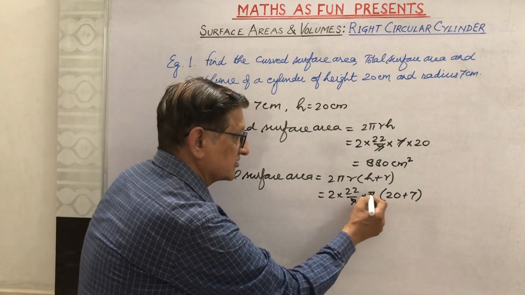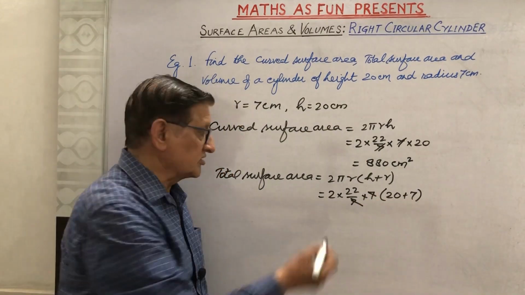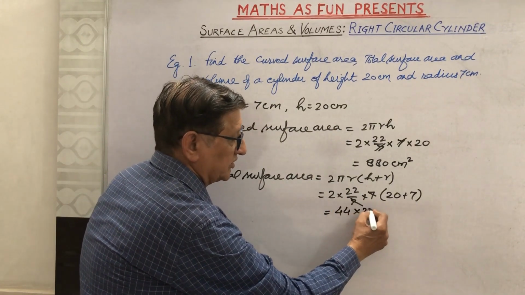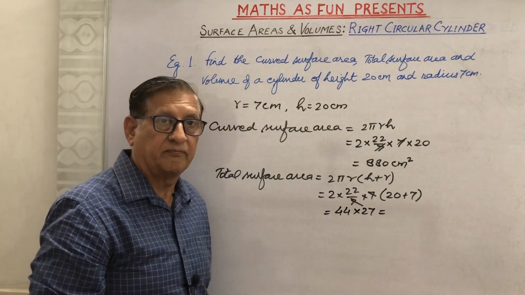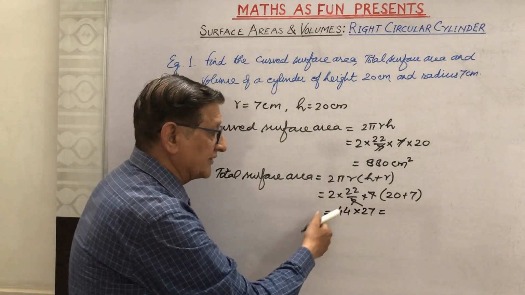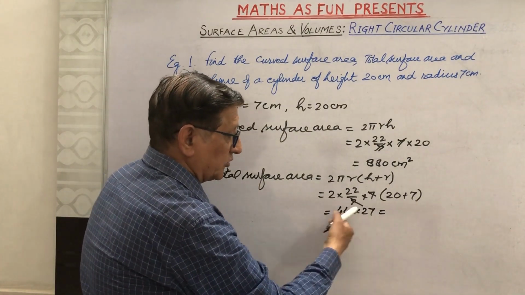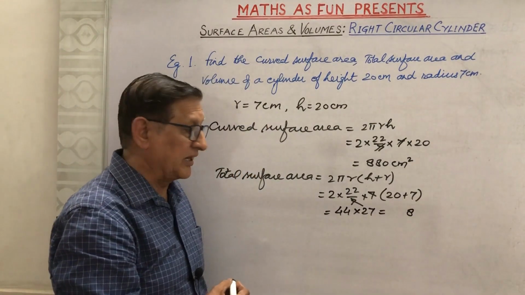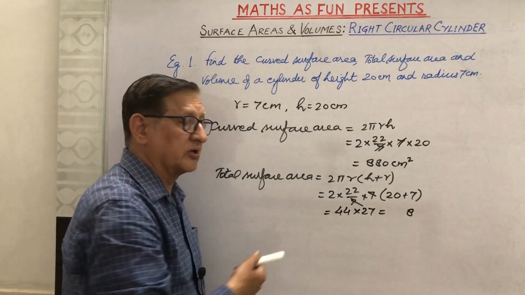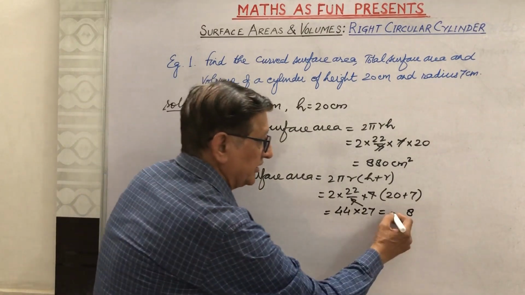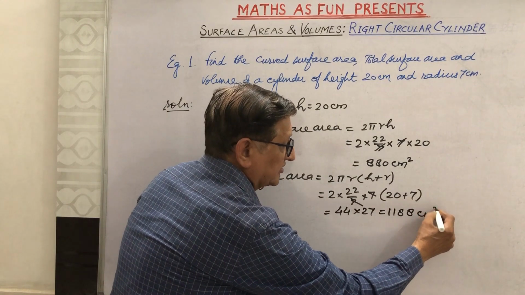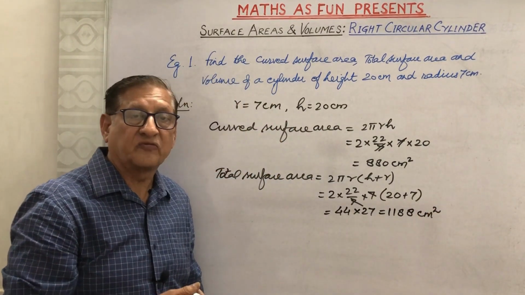This 7 cancels this 7. This is equal to 22 into 2, 44 into 27. And when we multiply them, 27 into 4 is 108 and 10, 118. So 1188 centimeter square is the total surface area of it.